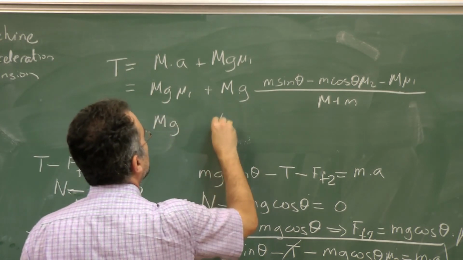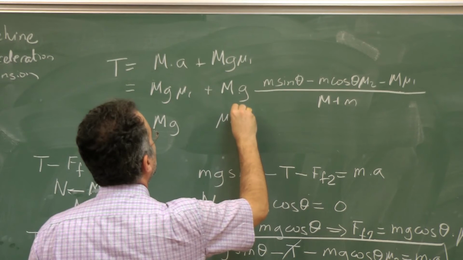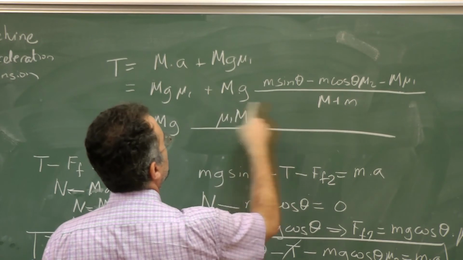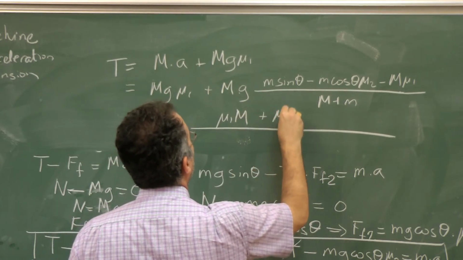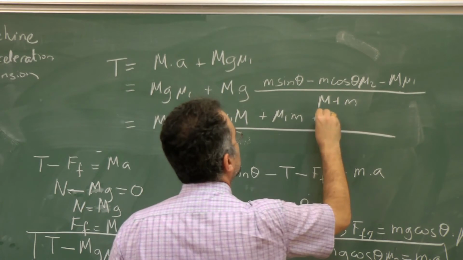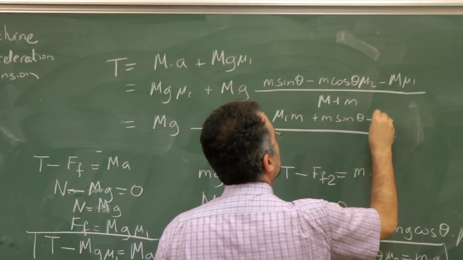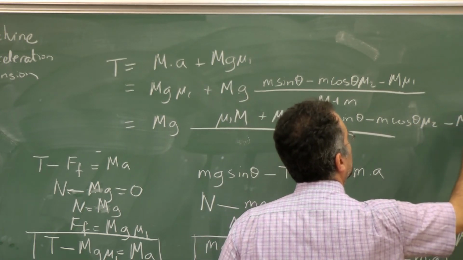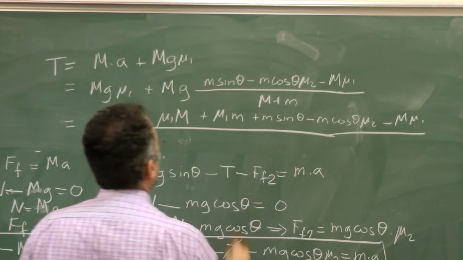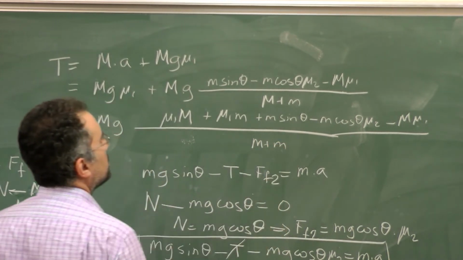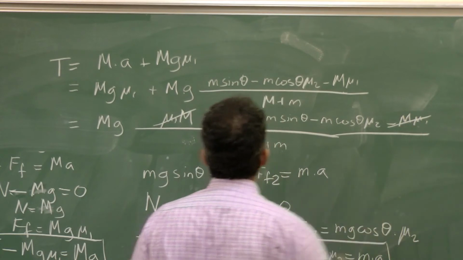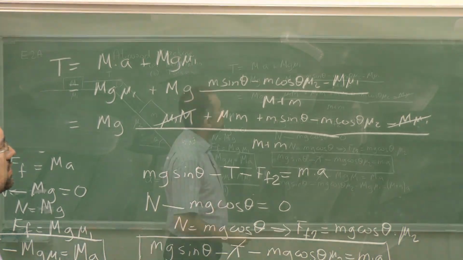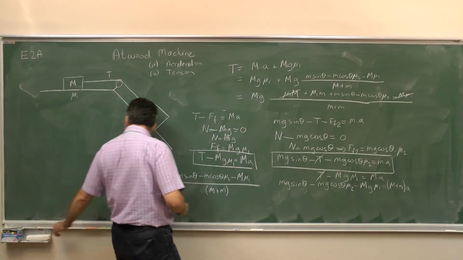Which is capital Mg parentheses. I have mu1 capital M, mu1 capital M plus mu1 little m plus m sine theta minus m cosine theta mu2 minus capital M mu1 over M plus m. There is going to be one cancellation. And that's about it, right? Nothing else cancels.